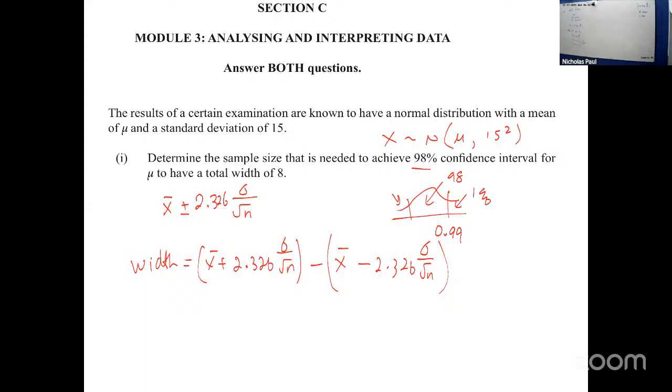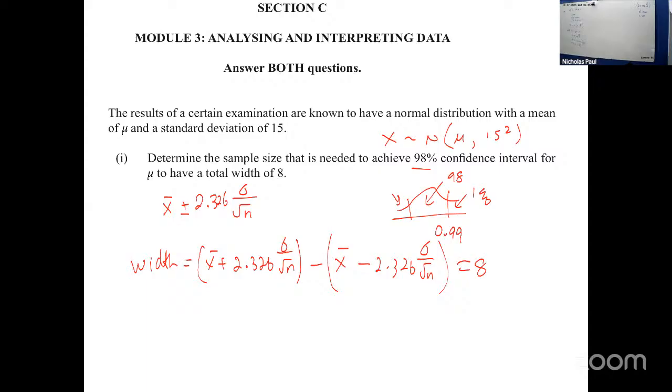It will equal 8. Nice. Simplify it and see if we can find n. All they mean by class width is subtracting the upper boundary and the lower boundary.